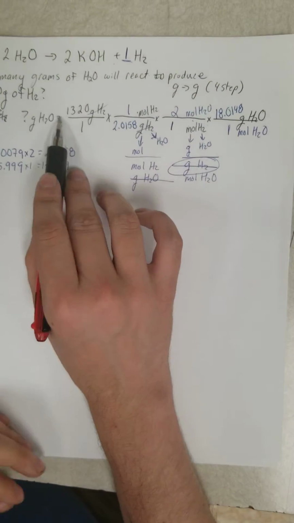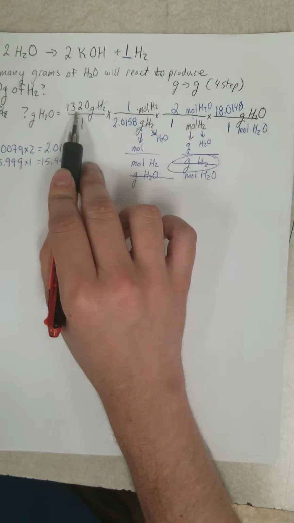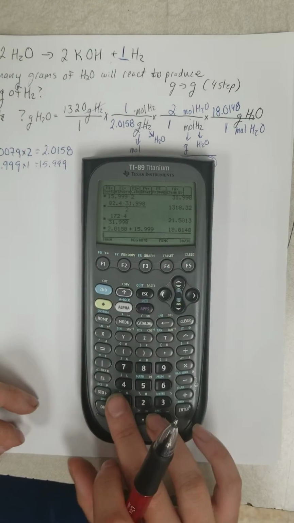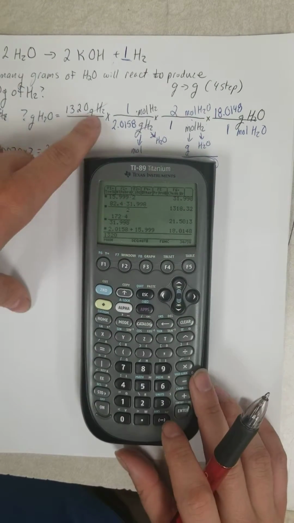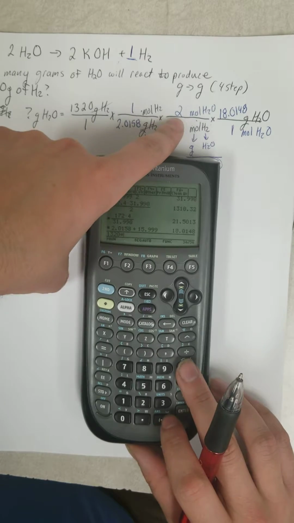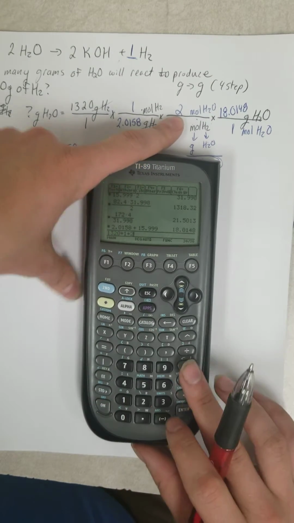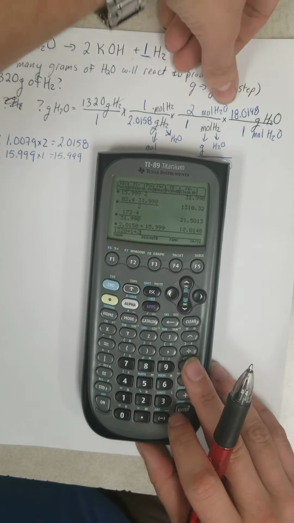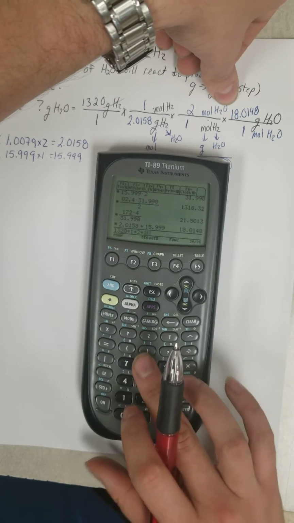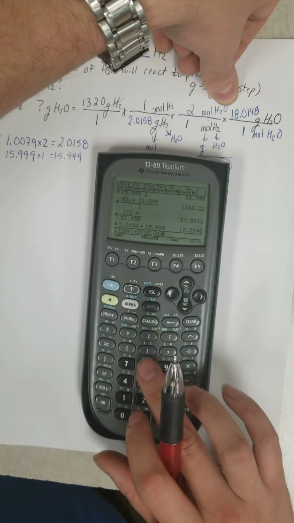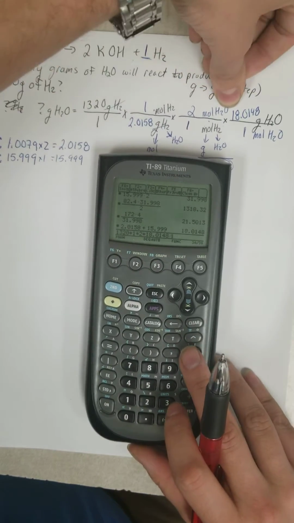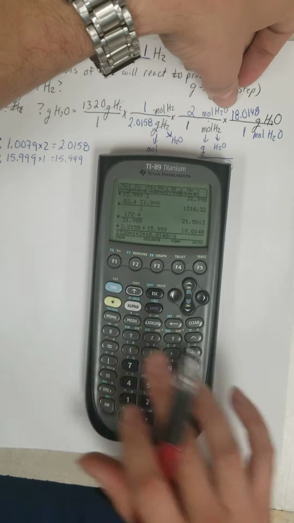So now when you look across the top, you're going to multiply 1,320 times 1 times 2, and then times 18.0148. Then you hit divide by, and open up a set of parentheses.